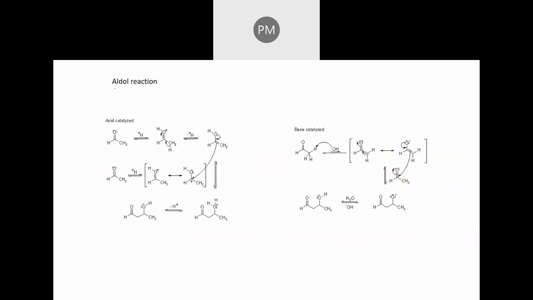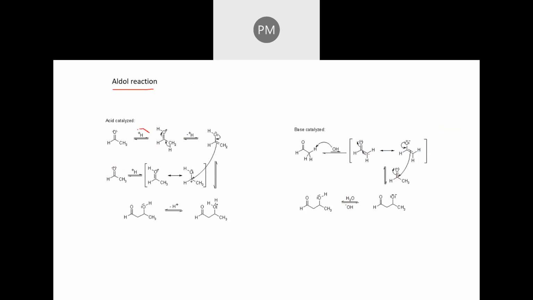Next, the aldol condensation reaction. The aldol reaction is of two types, like acid catalyzed aldol reaction.